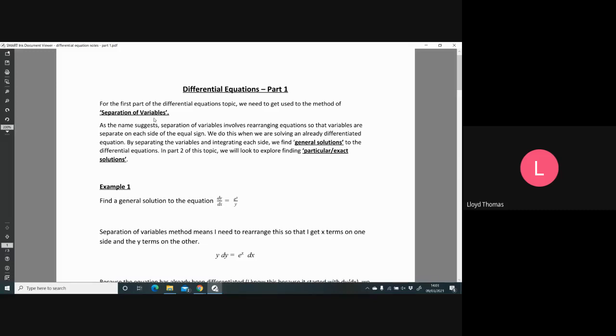Except the difference is we're going to be doing that when we are dealing with dy by dx. So it says we do this when we're solving an already differentiated equation. This sentence here is what I mean by the example we're going to be starting with. Actually, I might do a different one to start off. But if we already have dy by dx to start with, we go from there to find something called a general solution.